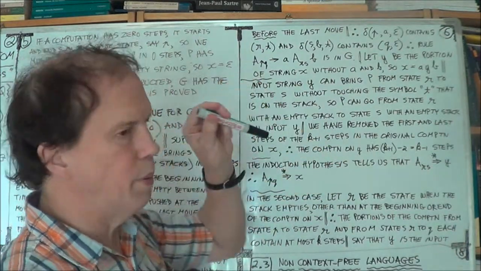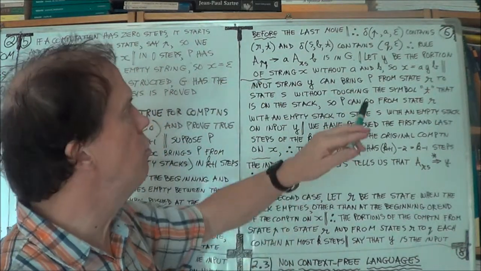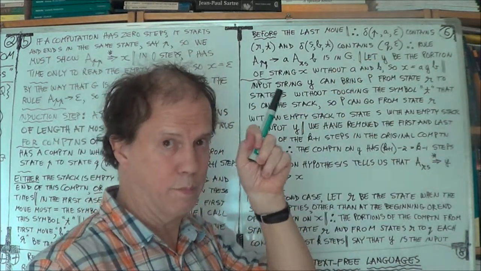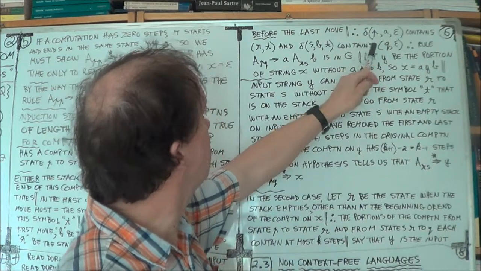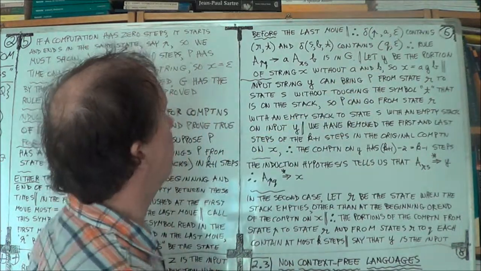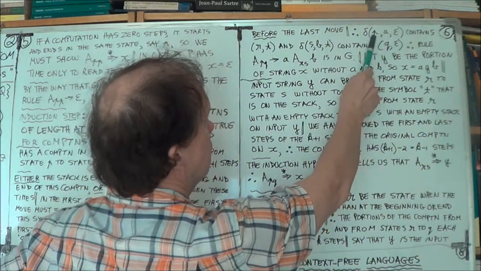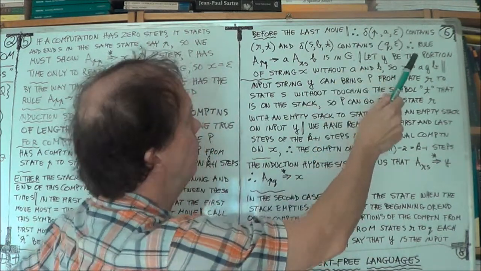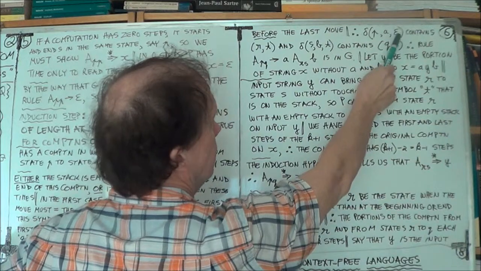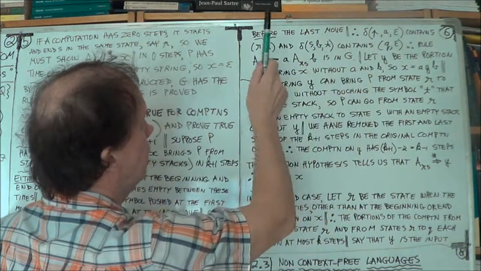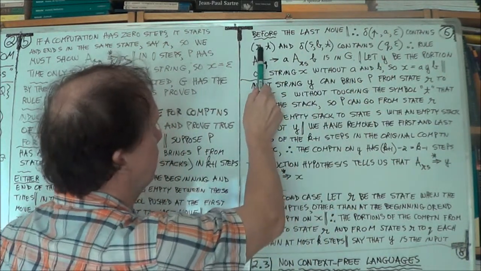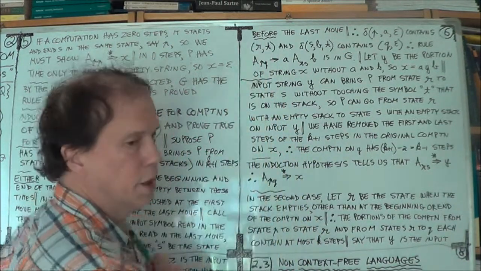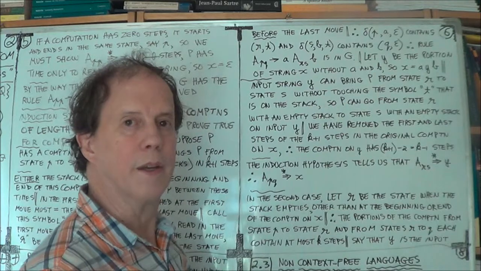Now it's a PDA doing that, so you must have transition rules of the following form. You're in state p, you read a, that's your first symbol. You don't do anything with the stack on the read, and then the next state is little r by definition. So it goes to state r, and you push T on the stack.